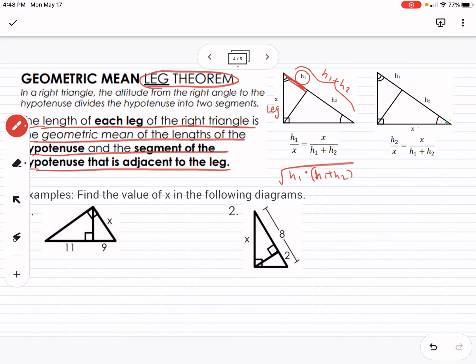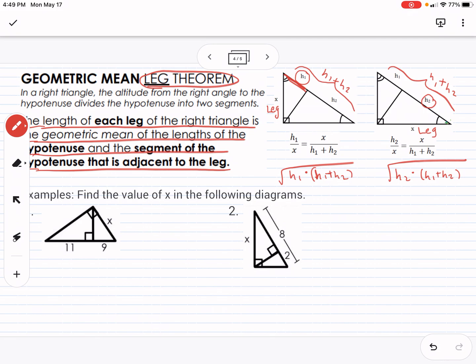In this next picture, x is also a leg, but this one's closer to h2. So you would do h2 times the whole hypotenuse, which is h1 plus h2, square rooted. So when you're finding a leg, instead of multiplying the two segments of the hypotenuse, you do the one that's touching the leg times the whole hypotenuse.